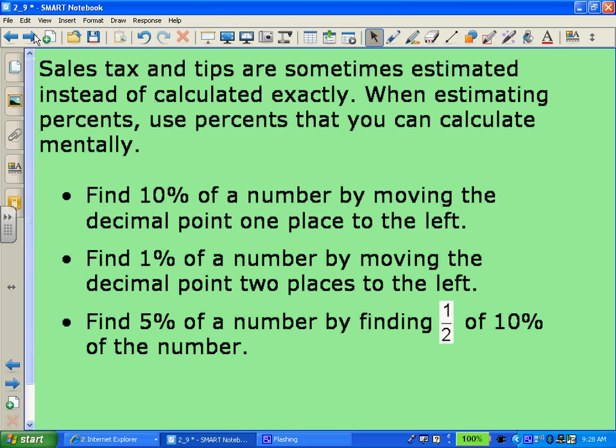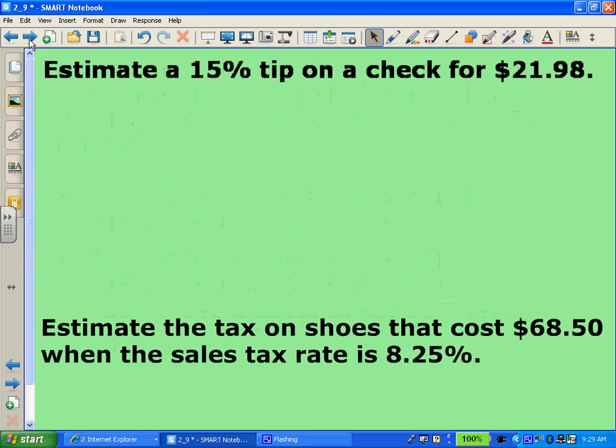And then if I want 5%, I just find 10% and then divide it by 2. Alright? And most tips, 10%, 15%, and then if I know 1%, I can pretty much find anything that way. So those are the 3 rules that we're going to use while we estimate tips and sales tax. And I'll show you the method that I want you to use.